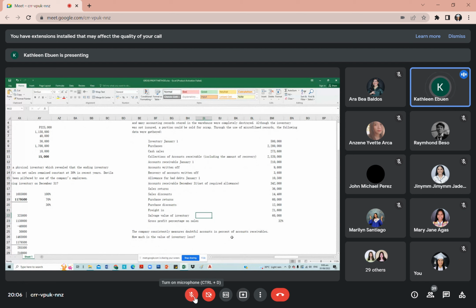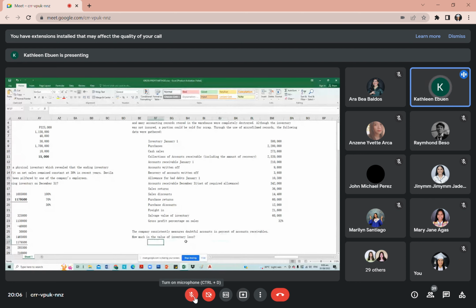So therefore, yung ending accounts receivable, if we multiply it to a certain percentage, makukuha din natin si allowance for doubtful accounts ending. And also, yung beginning accounts receivable, if we multiply it to a percentage of receivables, makukuha natin si beginning allowance. So, yung ginawa nating activity last time, no?